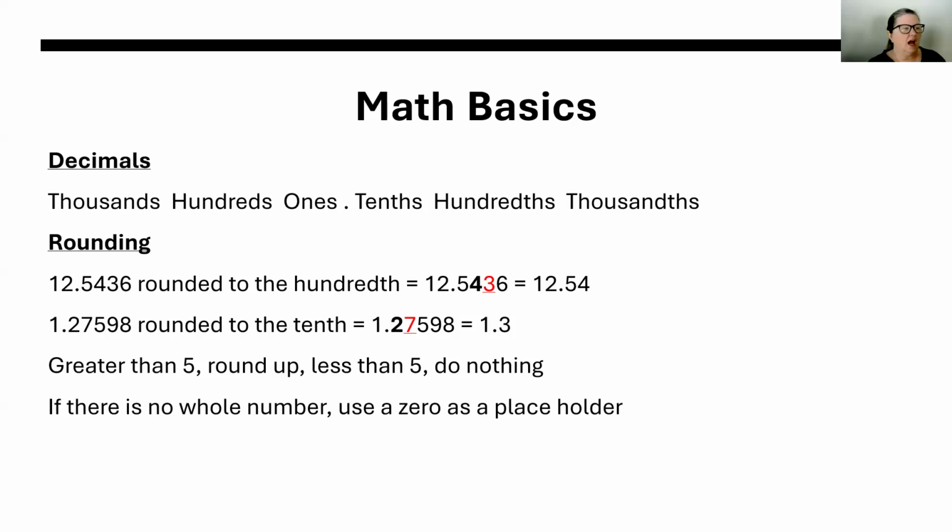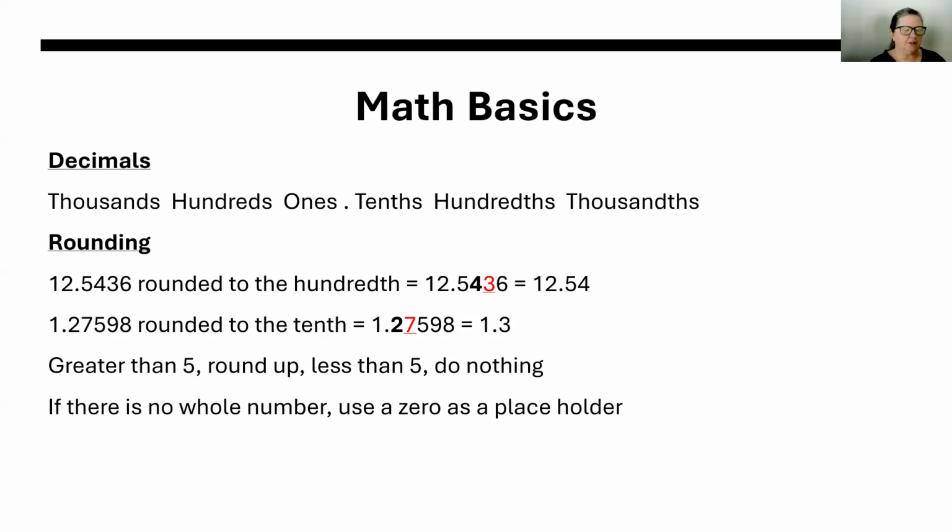So just really quickly here, when we're talking about decimals, we have places, right? There's places in front of the decimals, which we call whole numbers. There's places behind the decimals, which are basically fractions, or part of a whole number. So we generally don't go out any further than 1,000 in the medical field.